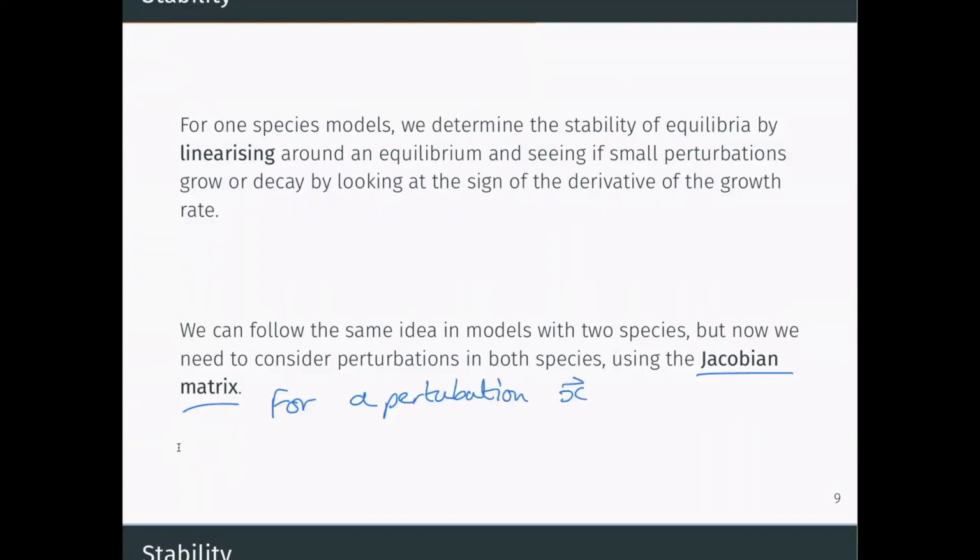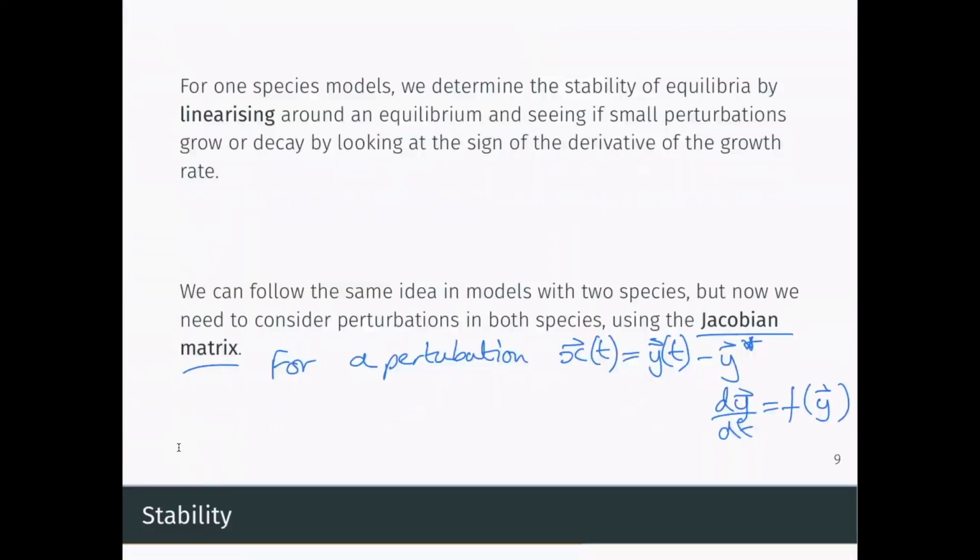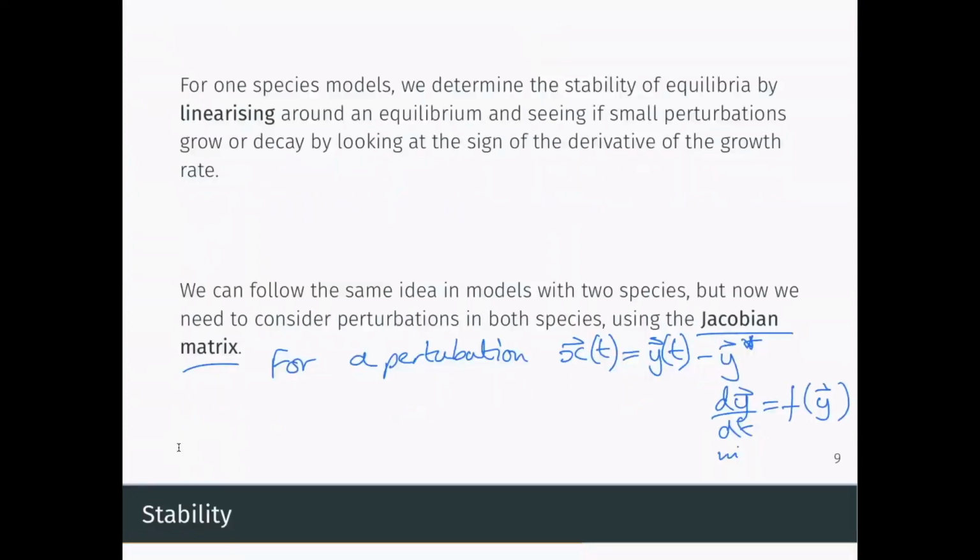So if we say for a perturbation x of t, where this little arrow overhead indicates it's a vector, is equal to our state vector y minus y star, and this corresponds to a system, say dy dt is equal to some function of y, with f of y star equal to 0.